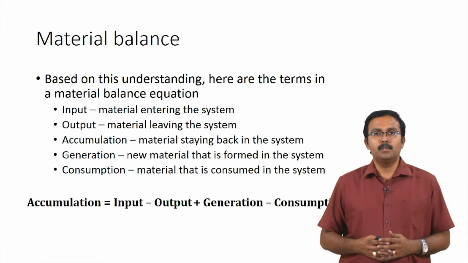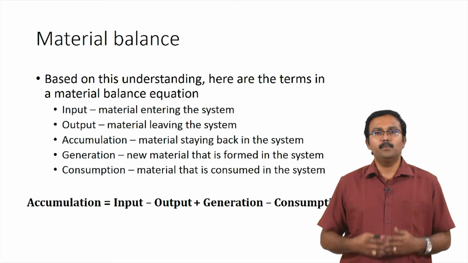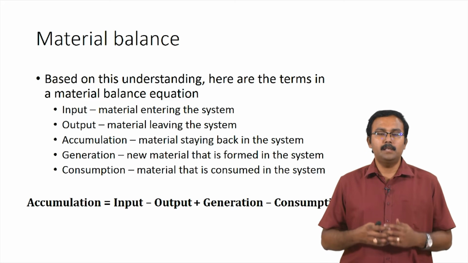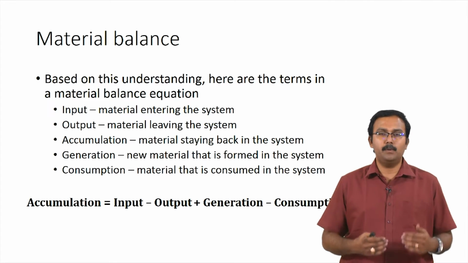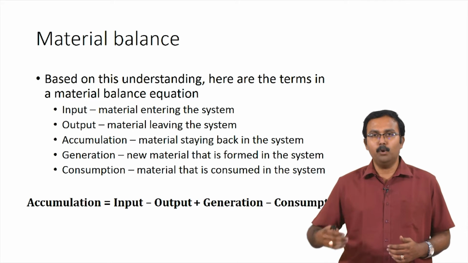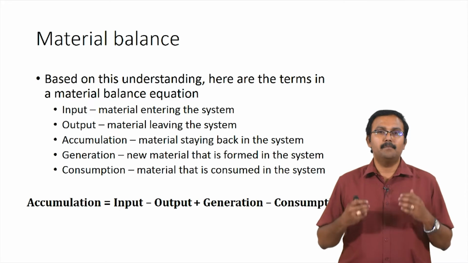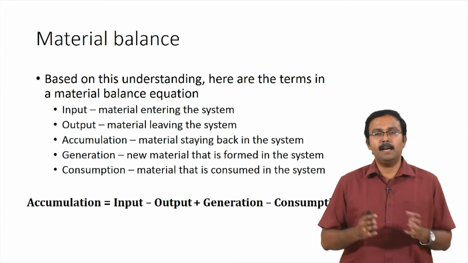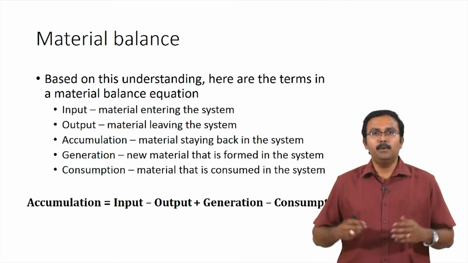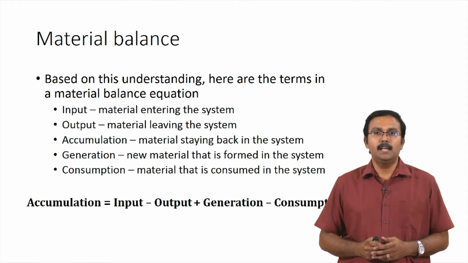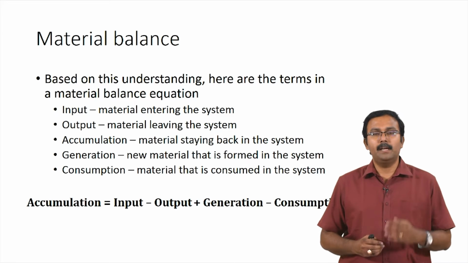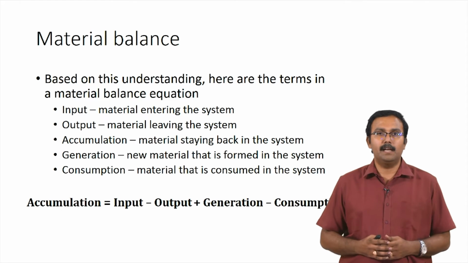As part of this course, this is the fundamental equation which we will try to apply to simple systems and then try to understand how the same equation can be applied for much more complicated systems. Using a systematic approach to solving the problems, we would be able to break down even the most complex processes into very simple steps by applying this particular equation and performing material and energy balances.